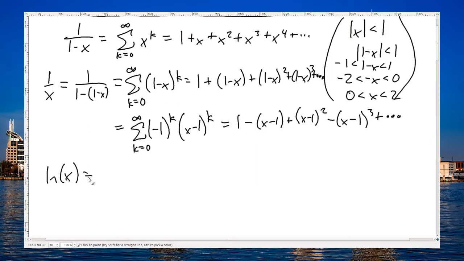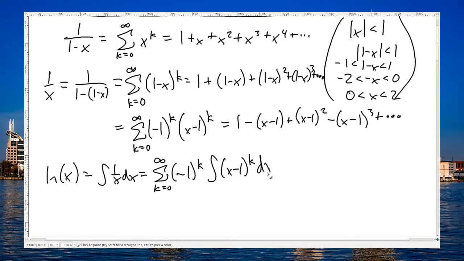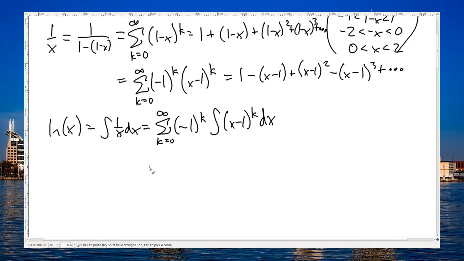Now, natural log of x, the integral of 1 over x dx. I'll integrate term by term, and the negative 1 to the k has no x's in it, so I don't have to worry about that. I'm just integrating x minus 1 to the k with respect to x. So I add 1 to the power and divide by the new power.